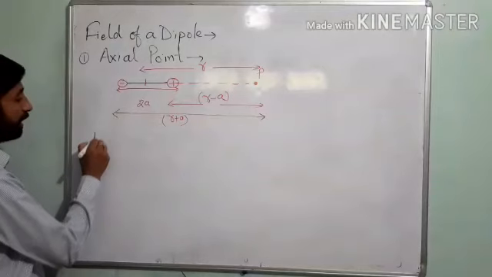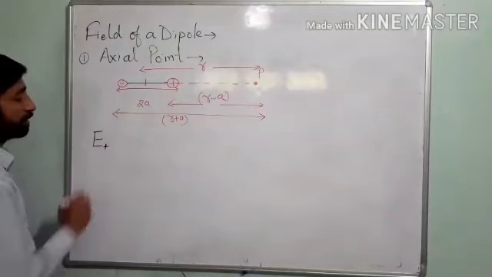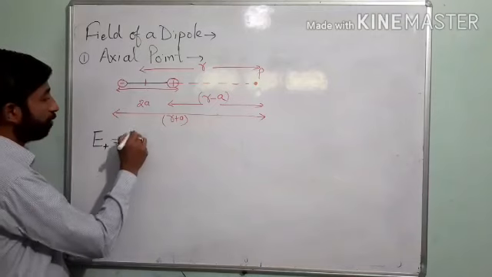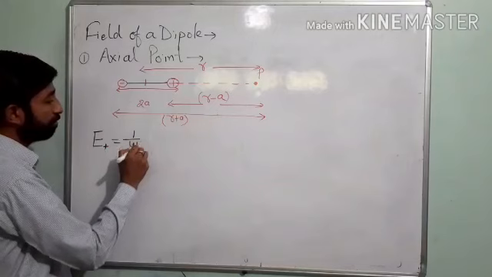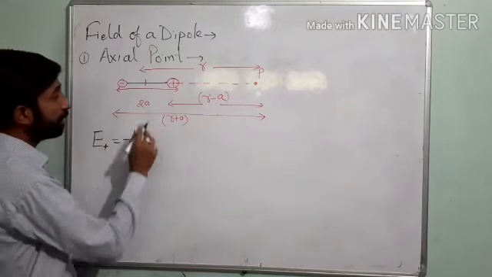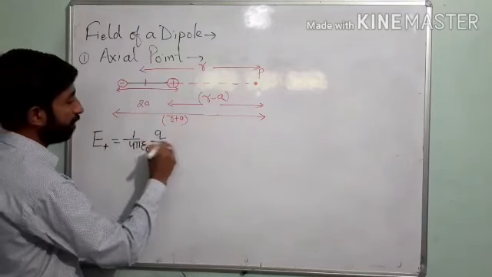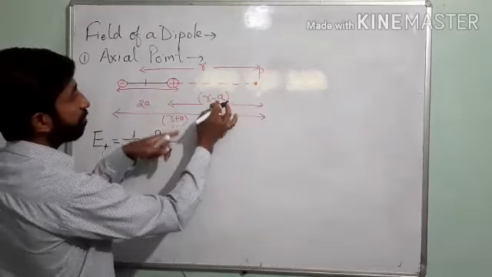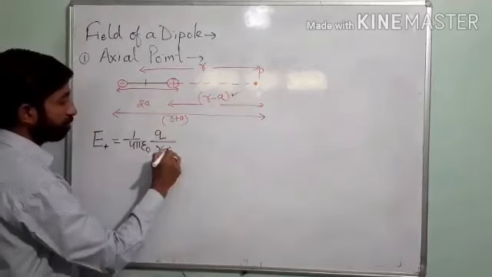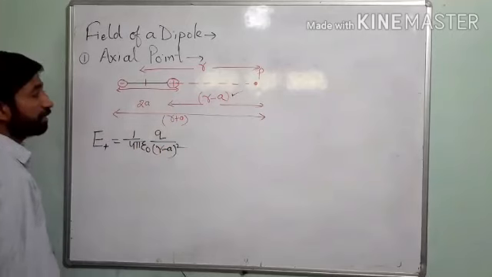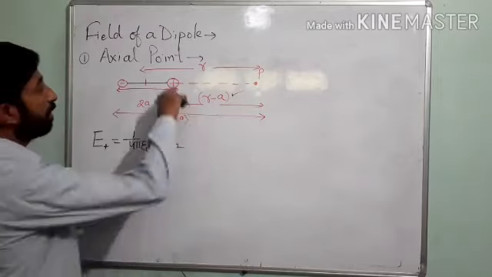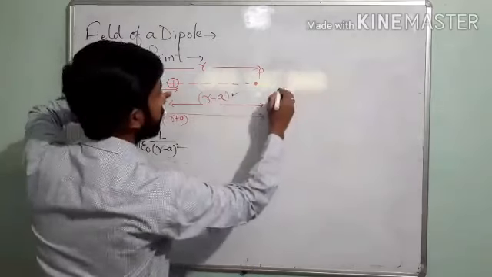That is written as E plus, the electric field due to the positive charge, equal to 1 upon 4 pi epsilon naught, the charge upon the square of the distance. Now what is the distance? r minus a, right? And obviously this field will be along away from the positive charge.